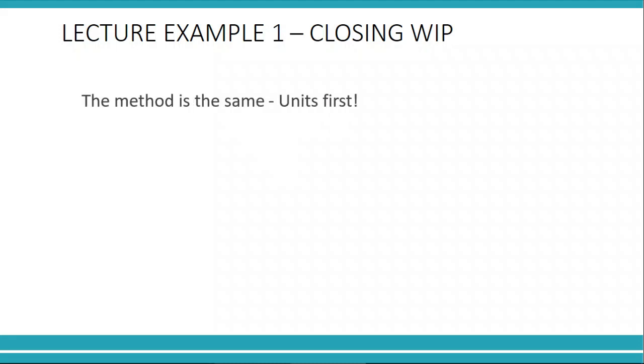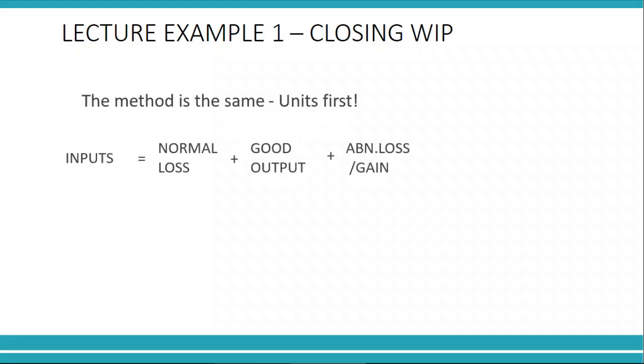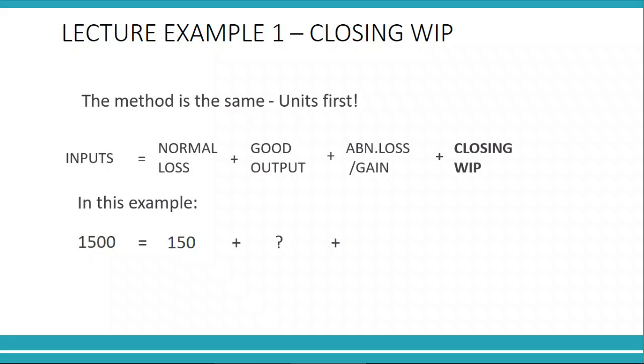We say the method is the same, units first. So you've got input, and then it is equal to normal loss, good output, abnormal loss or gain, and closing work in process. This is something we are adding new. It was not in the previous example. In this example, you have 1500 units of input and there is a 10% normal loss, which means 150 units are in normal loss.